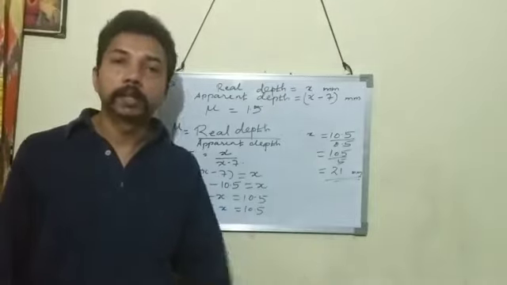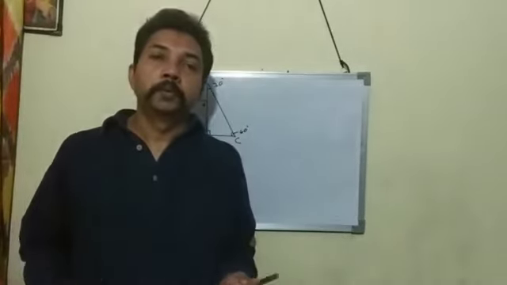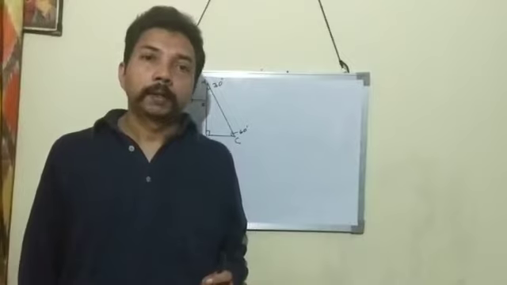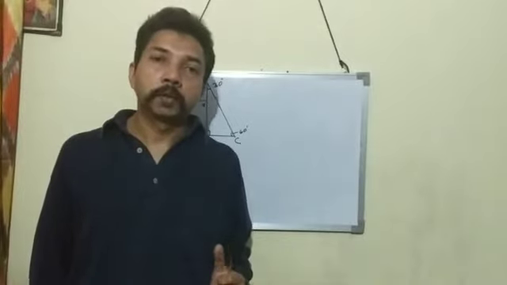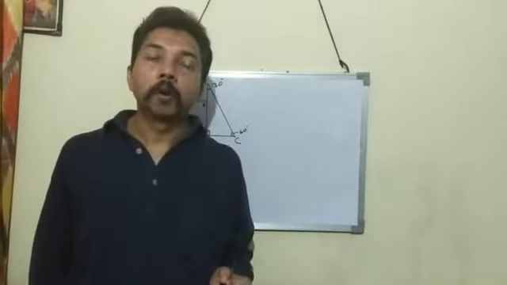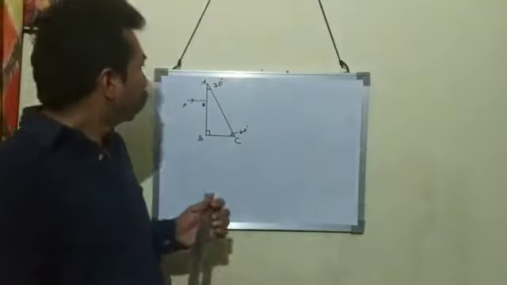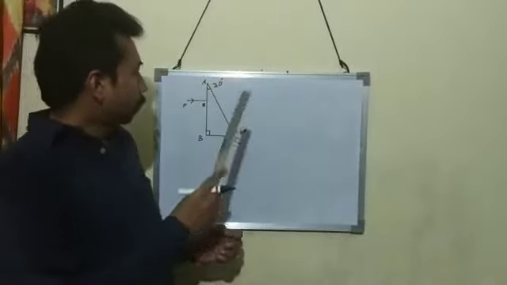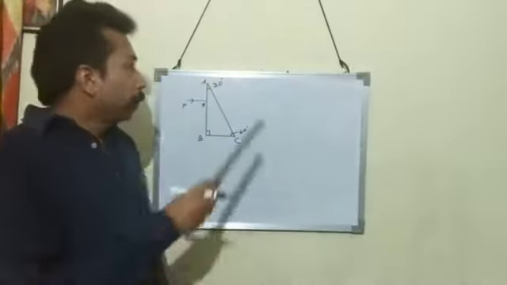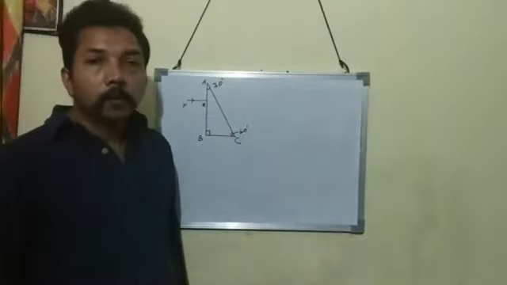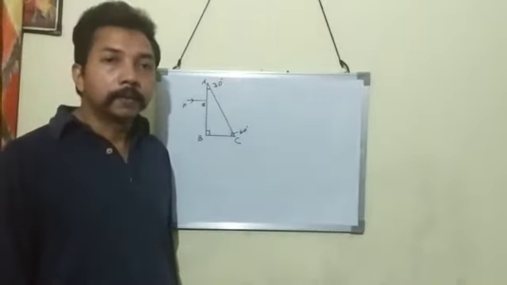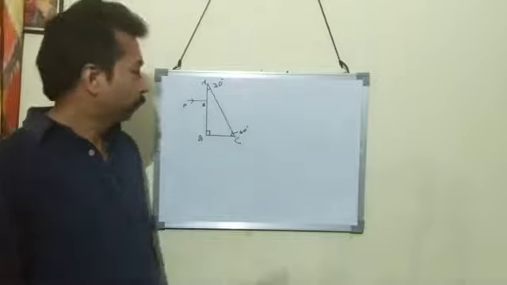So this is the answer. Now we are discussing some questions which usually come in the board exam. So in the figure, the principal section of a right-angled scalene prism is given.